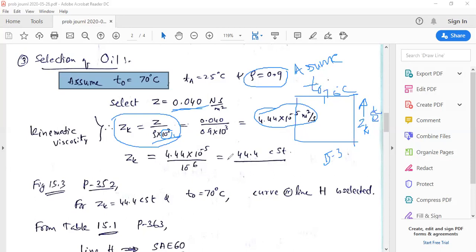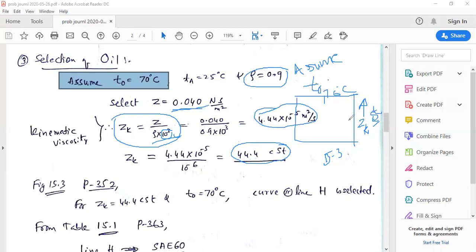So Zk, in terms of centistoke, we have to mention here, because in the graph the value is in centistoke. So the value obtained in meter square per second is to be divided by 10 raised to minus 6, or multiplied by 10 raised to plus 6. So the value of Zk obtained here is 44.4 centistoke.